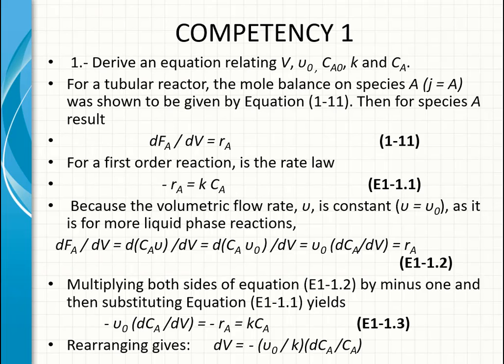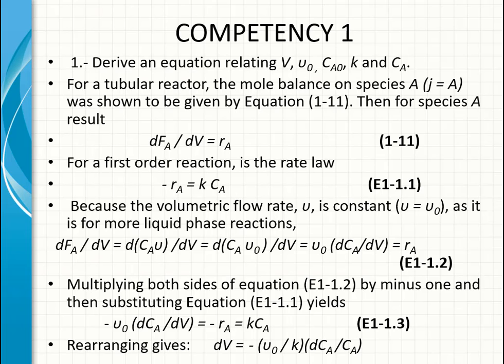Because the volumetric flow rate V is constant, V equal to V0, as it is in the liquid phase reactions, we will have dFA divided by dV, and we can remember that FA is CA times the volumetric flow rate.